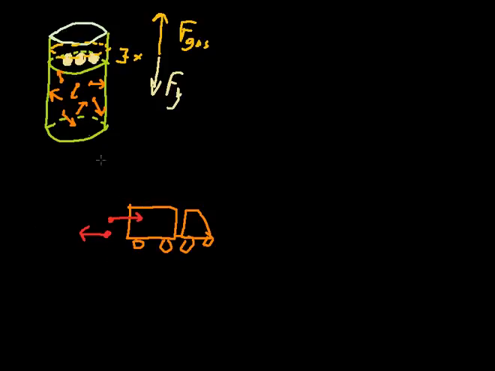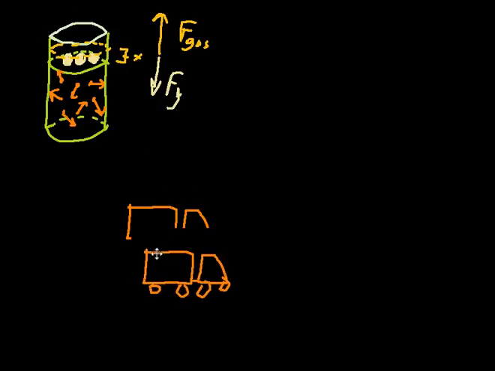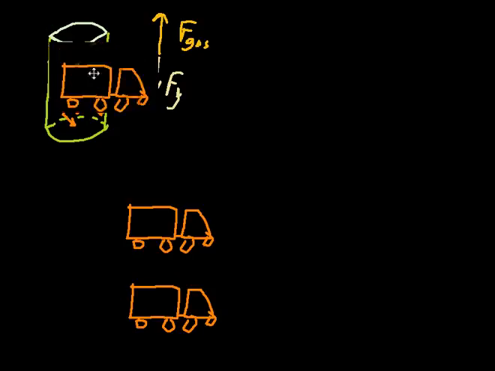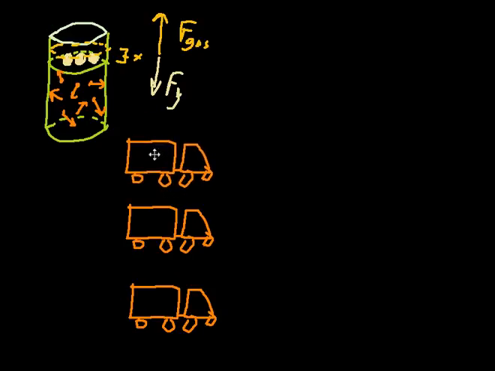But let's consider the case where the truck is moving. So you have this truck, and we'll do 3 different cases with it. In the first case, you're taking a super ball and throwing it at it, and it bounces off with the same speed.